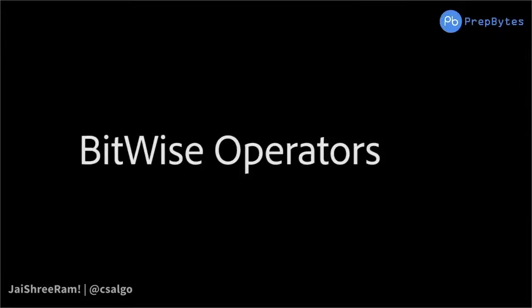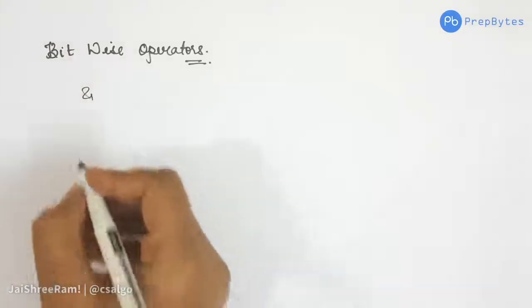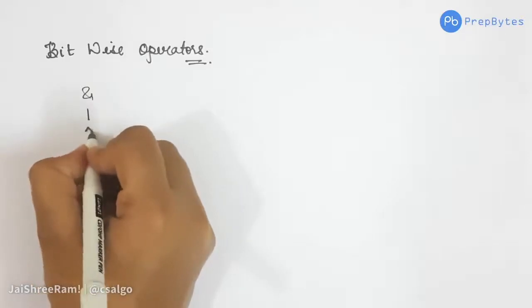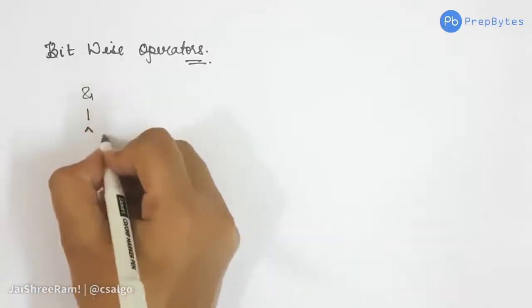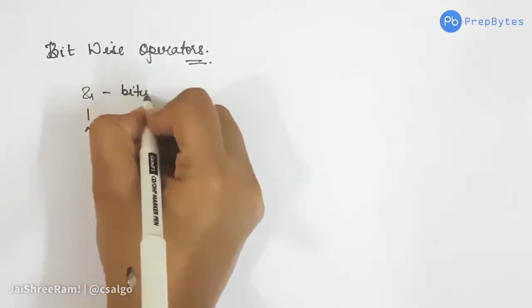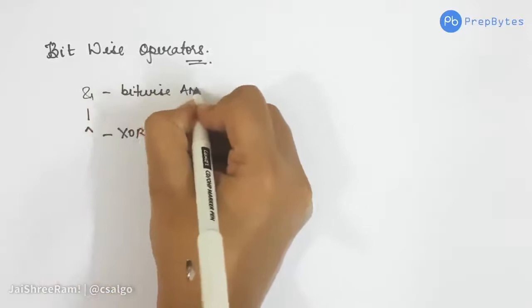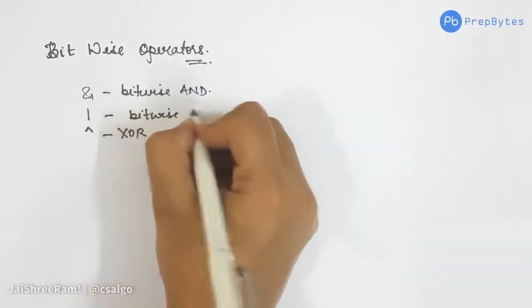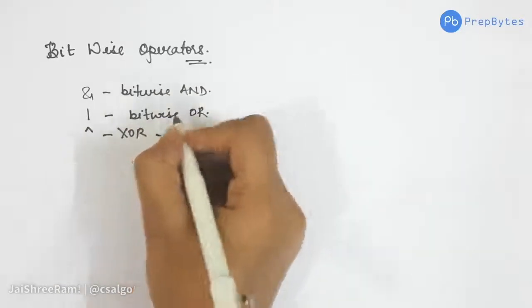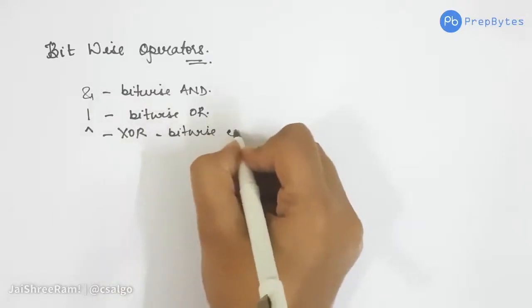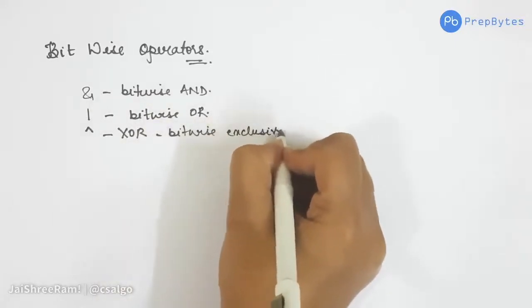Now let's talk about another set of operators, bitwise operators. We have bitwise AND, bitwise OR, bitwise exclusive OR, which we also call XOR. So this is bitwise AND, this is bitwise OR, this is XOR or bitwise exclusive OR.